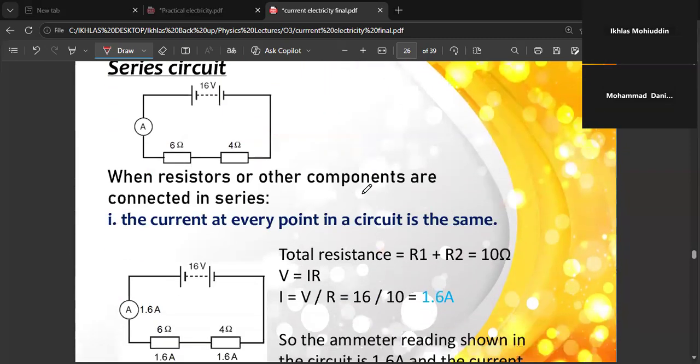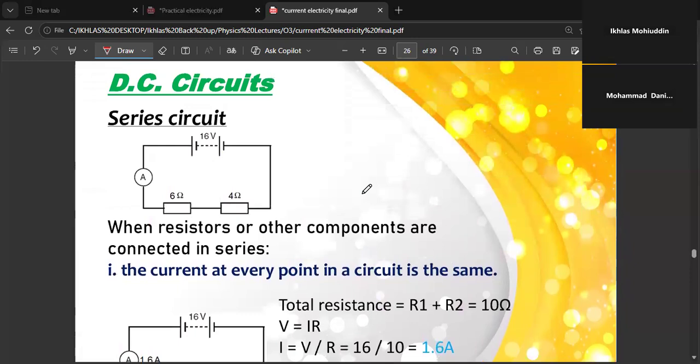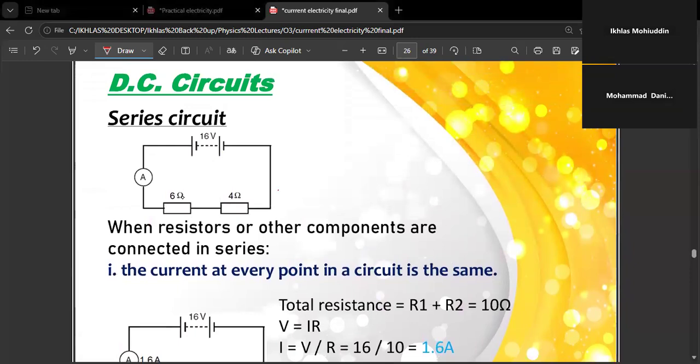So for DC circuits, a series circuit would look like this. We have two resistors, 6 ohm and 4 ohm, and the battery is 16 volts.